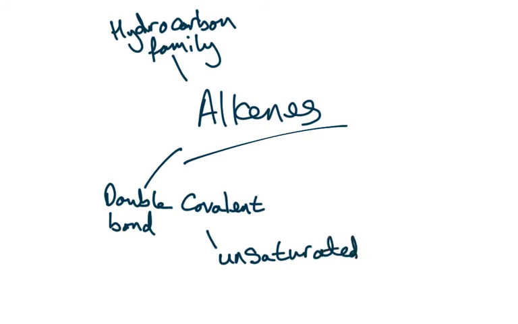So it is an unsaturated molecule. These, as I've said, they are quite reactive, more reactive. And this means that they can be used to make things like plastics. And we also have our general formula, which is CnH2n.